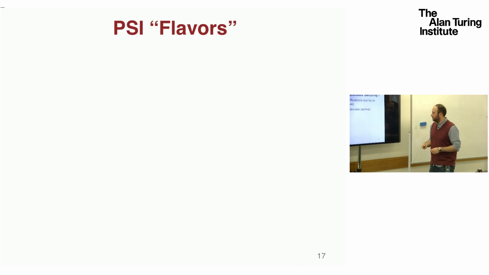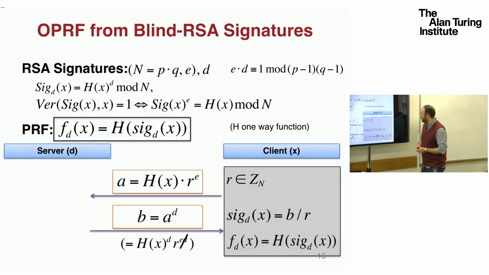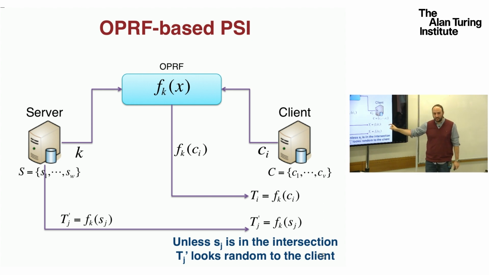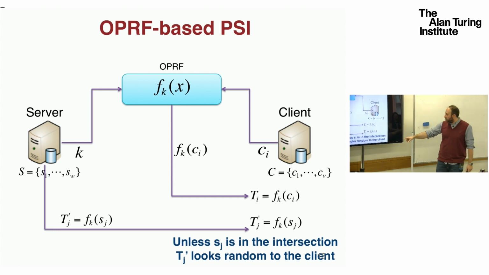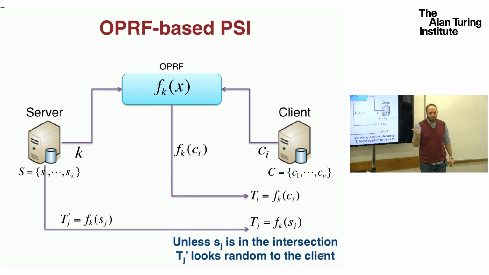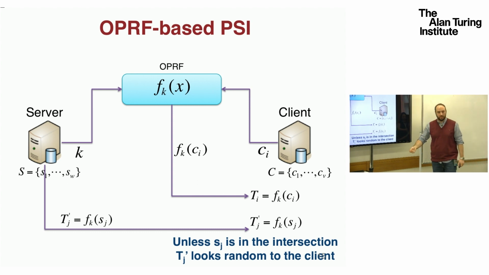So actually, let's even look at this solution here. Whenever you have an item in the intersection, it means that the OPRF result, the output of the PRF, matches. So what I can do is hash the output of the PRF and derive an AES key.